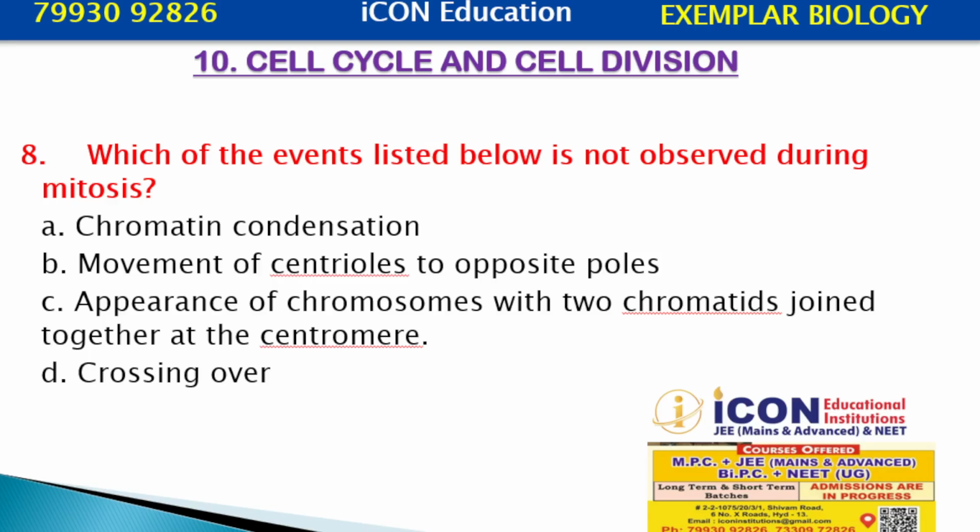Appearance of chromosomes with 2 chromatids joined together at the centromere. This is also seen. Crossing over. Crossing over is not seen during mitosis. This is an important event happening during meiosis in the pachytene stage. So option D is not seen during mitosis.